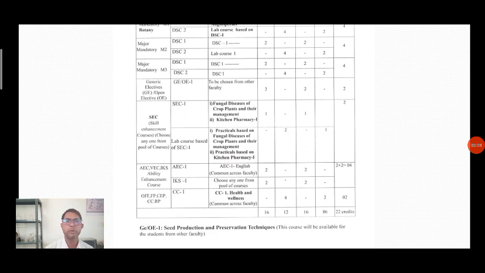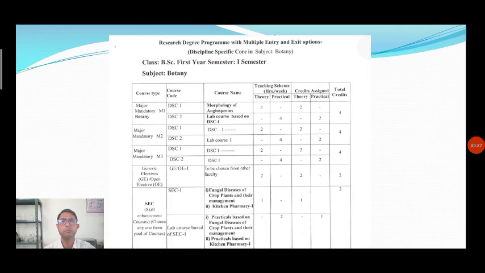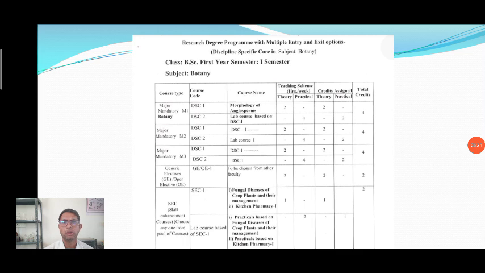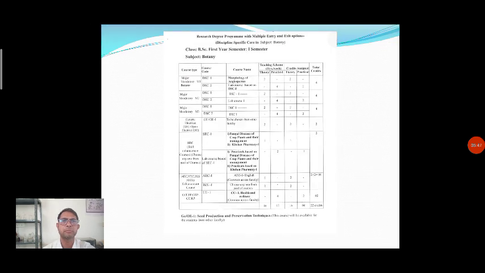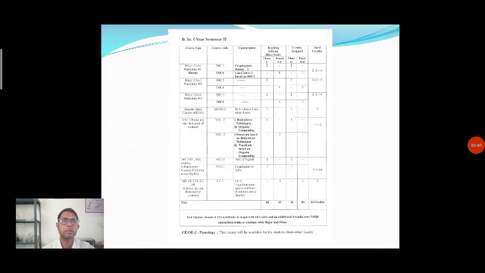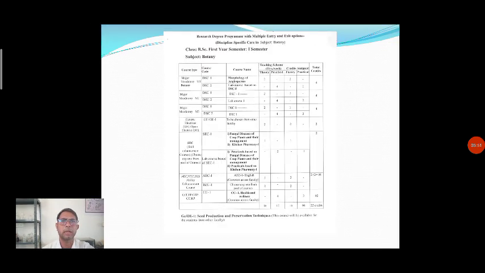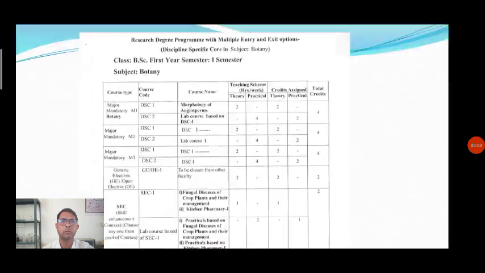Likewise, this syllabus is designed for the BSc first year first semester students from 2024-25. Now when we take a look at the second unit, we can say that there is another parameter that can be added in this particular part.